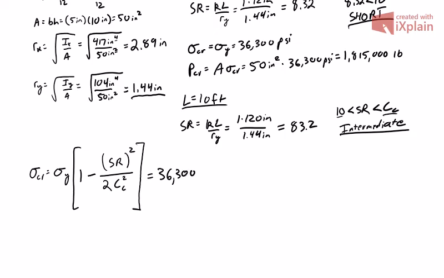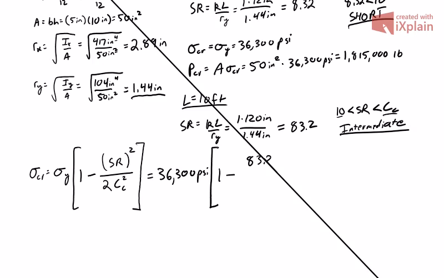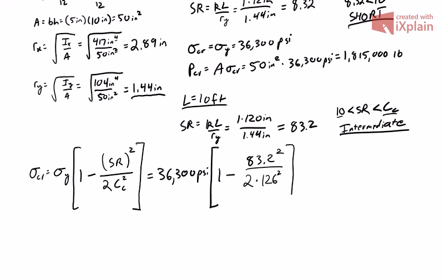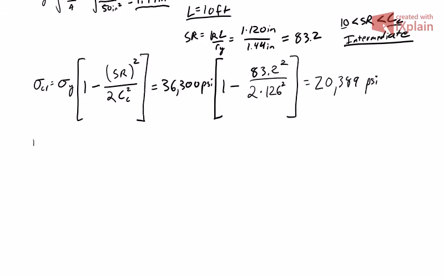So we've got 36,300 psi times, in parentheses, 1 minus 83.2 squared over 2 times 126 squared, close brackets, gives us a critical stress of 20,389 psi.